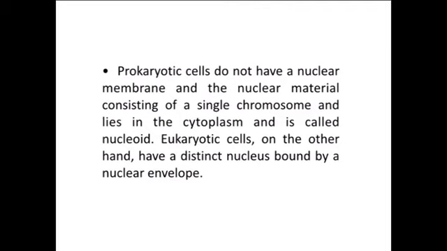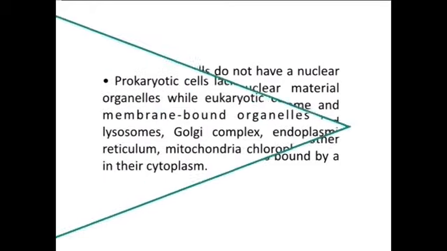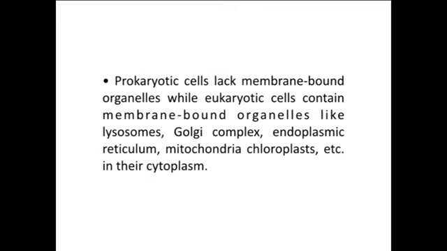Eukaryotic cells, on the other hand, have a distinct nucleus bound by a nuclear envelope. The third feature is prokaryotic cells lack membrane-bound organelles, while eukaryotic cells contain membrane-bound organelles like lysosomes, Golgi complex, endoplasmic reticulum, mitochondria, chloroplast, etc. in their cytoplasm.